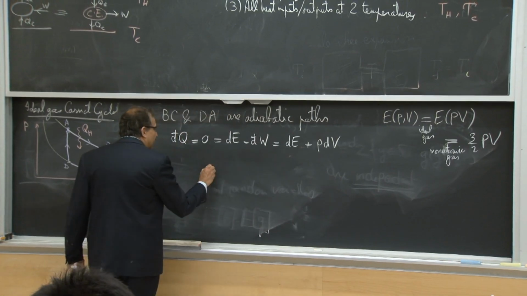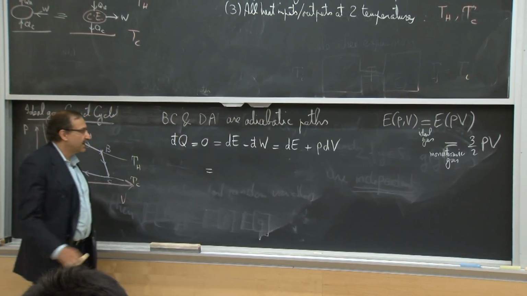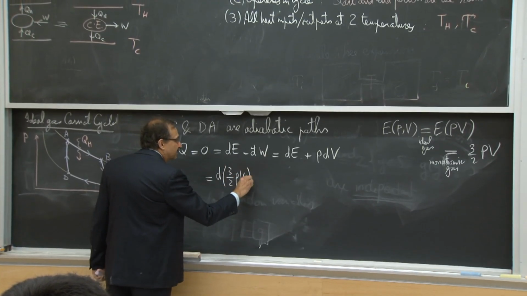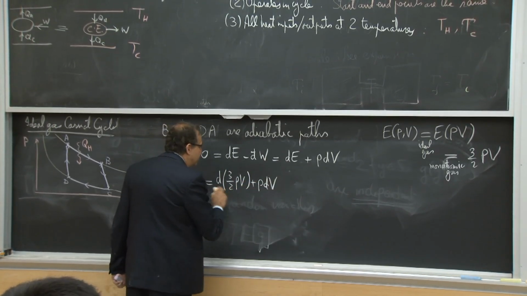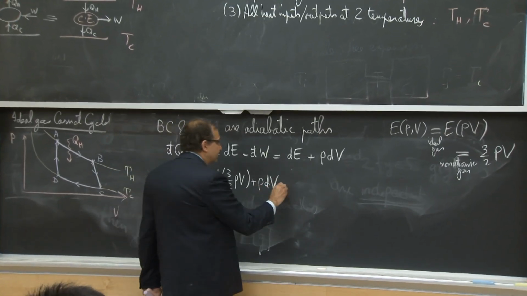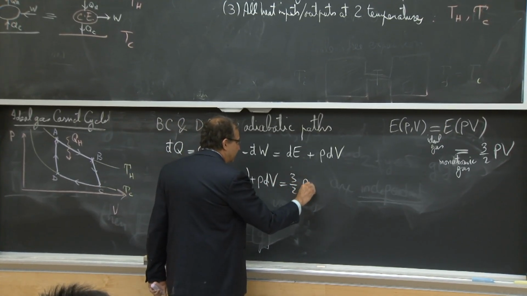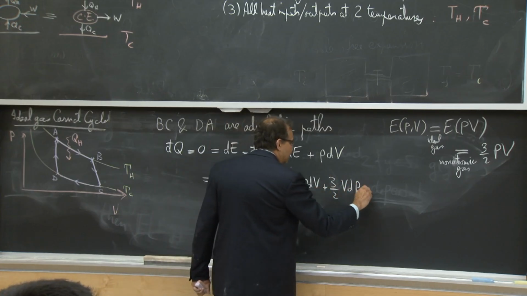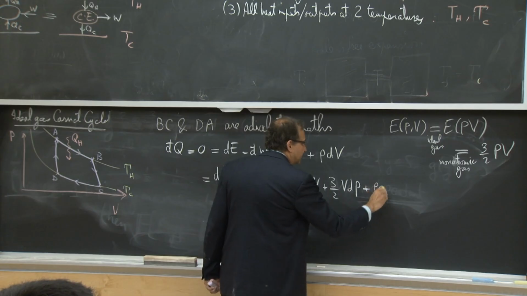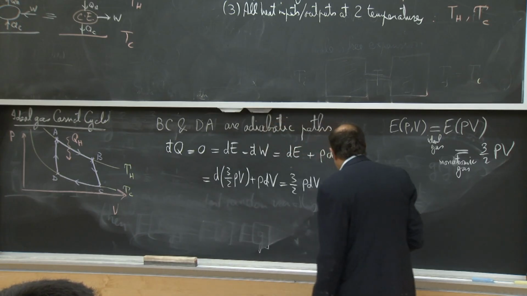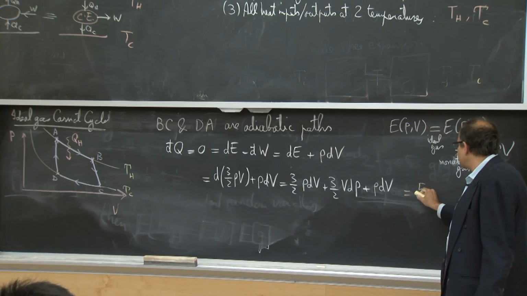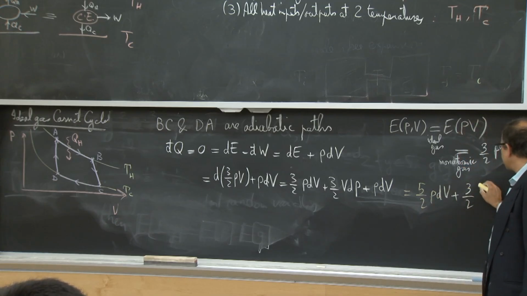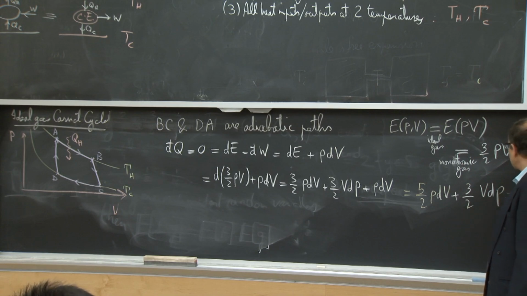So for that particular choice, what I have here is d of 3/2 PV plus PdV, and that's 3/2 PdV plus 3/2 VdP plus PdV, which is 5/2 PdV plus 3/2 VdP is 0.